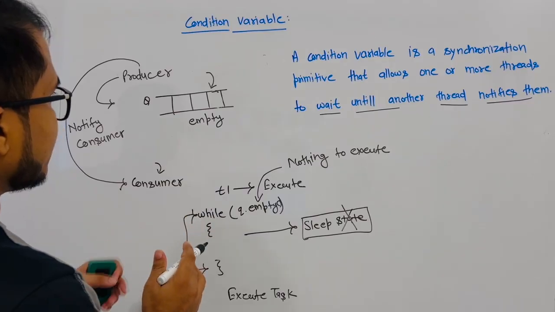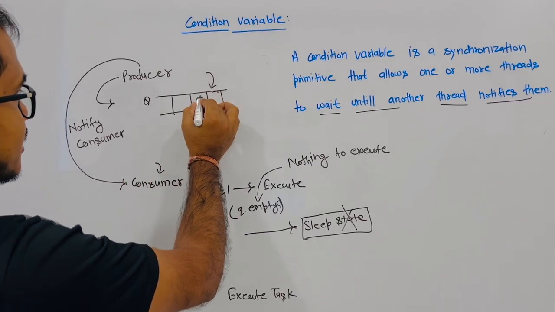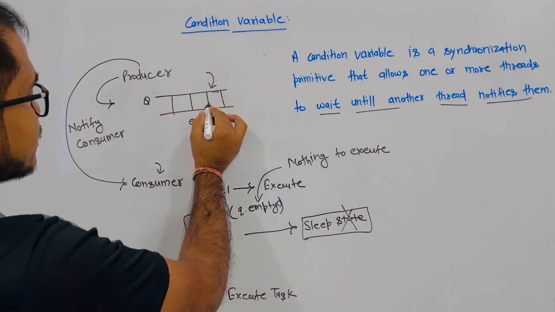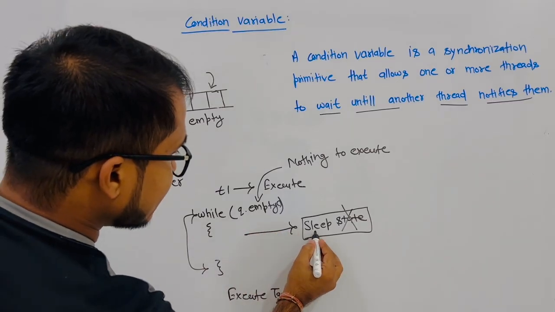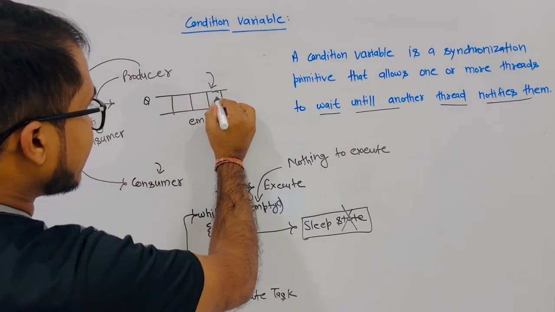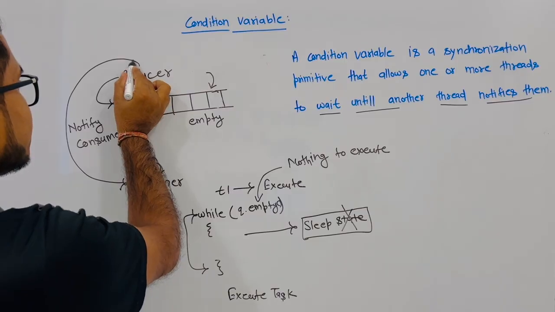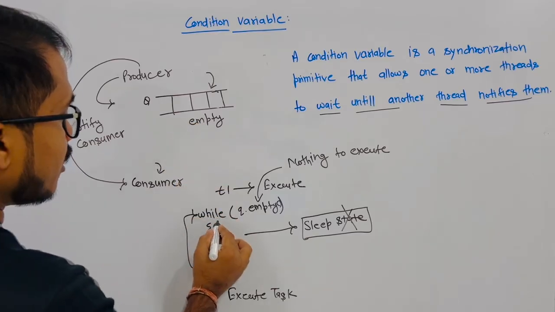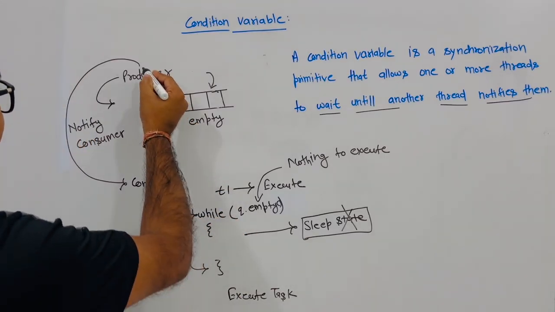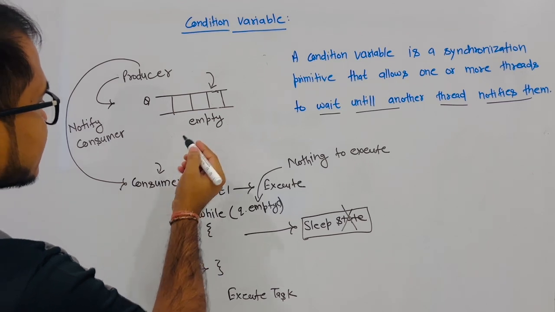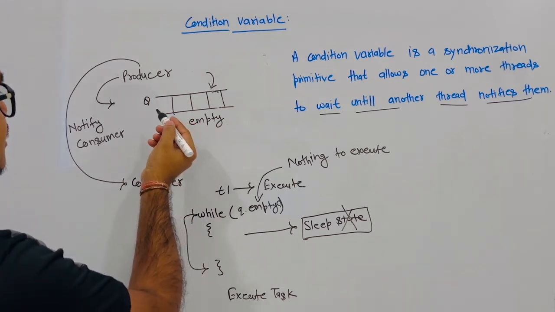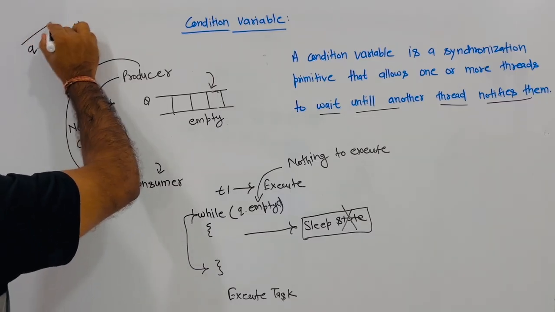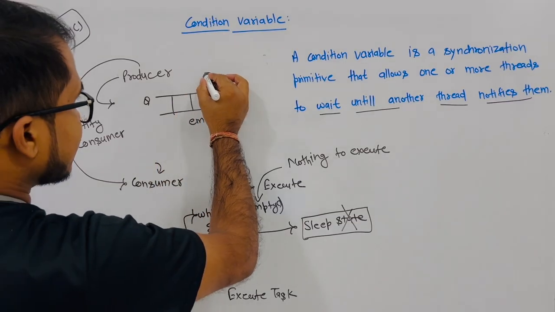So what is happening is, if something is there inside the task queue, keep executing the task, and if the queue is empty, go to the sleep state, and whenever something gets added to the task queue, the producer will notify the consumer that something has been added, please execute it. And this entire notification mechanism works based on a certain condition. In this case, that condition could be queue.empty, which means if the queue is not empty, something is there inside it.